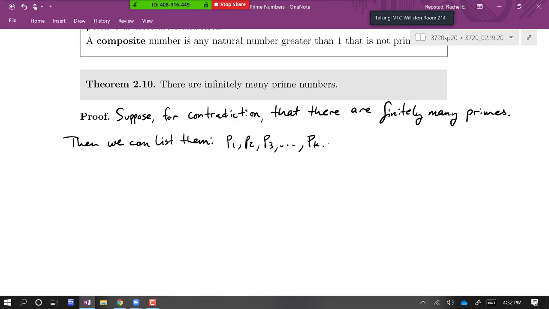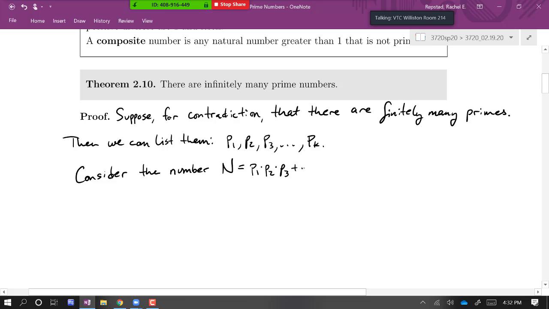So here's how we make this number. It's really pretty clever, I think. I'm going to call it big N. I'm going to take the product of all of our primes, P1 times P2 times P3 times and so on.